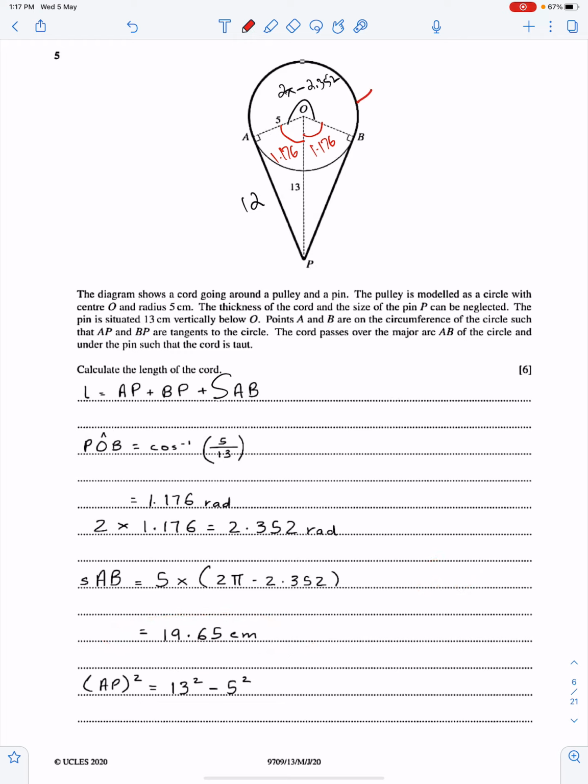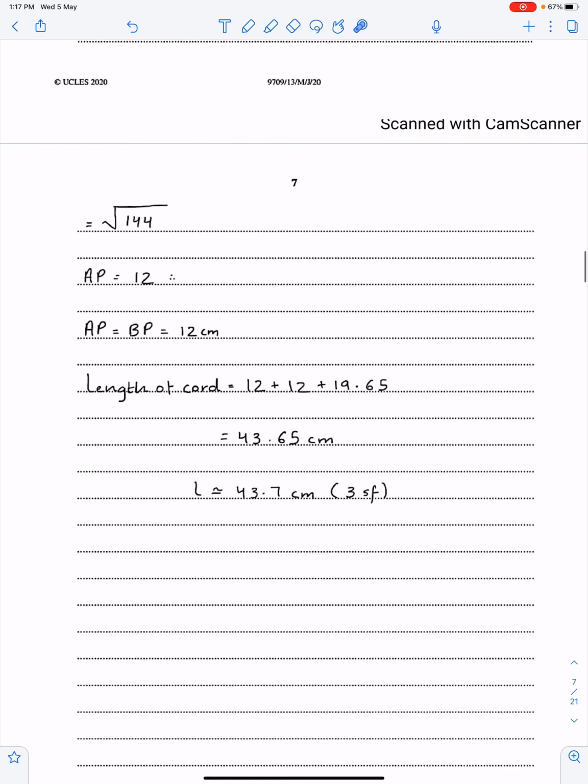Therefore the length of this arc is 19.65. Now we need to use Pythagoras theorem in this triangle to get this length. This length is 12. Now the perimeter of this cord will be 12 plus 12 plus this length. This is the final answer up to 3 significant figures.